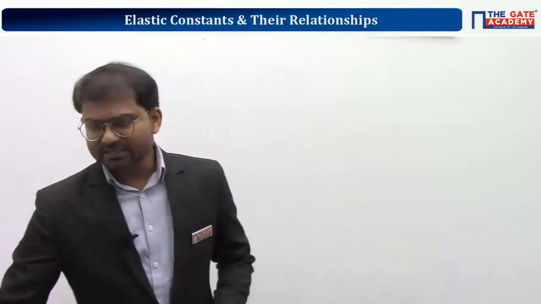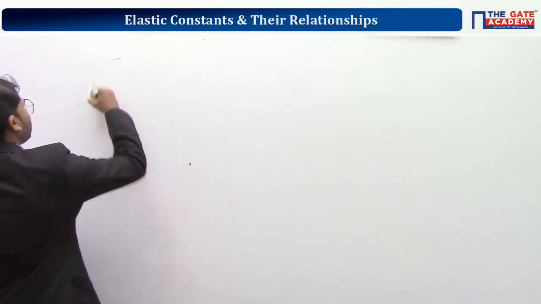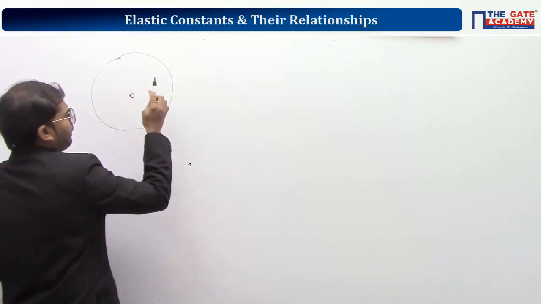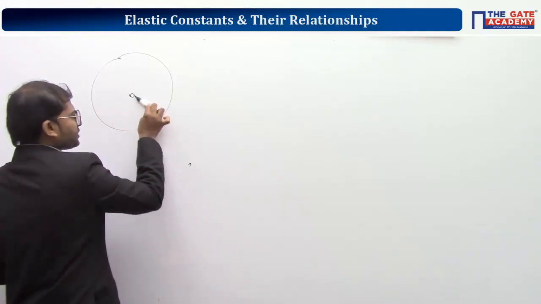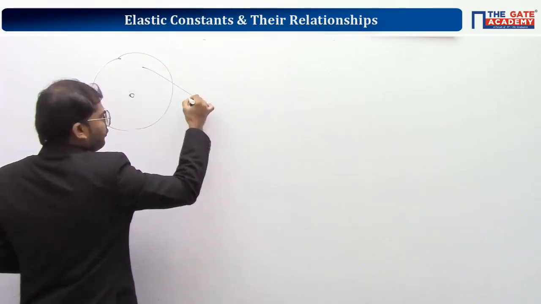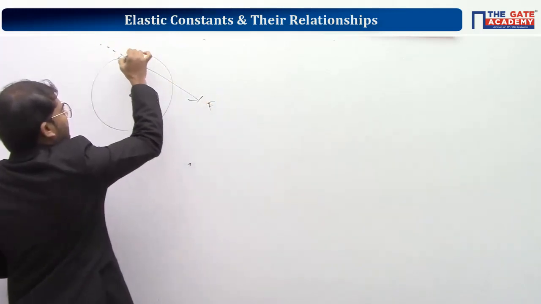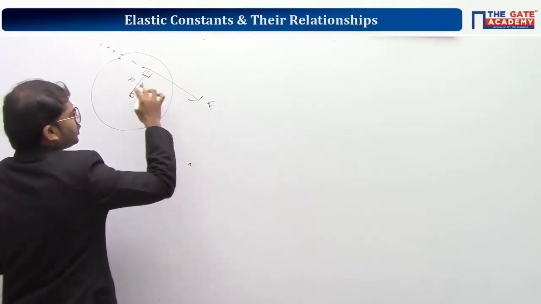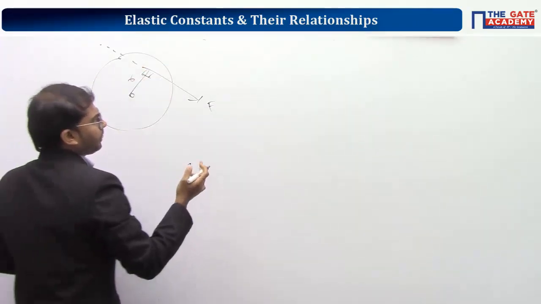Understand? So if you take a simple pulley and force example, the pulley is pivoted about the center. If we are applying a force which is passing through the center, it will not cause any rotation of the pulley. Whereas if the force is acting a little bit eccentric to the center, let's take the eccentric distance as R, this will give rise to rotation or torque.